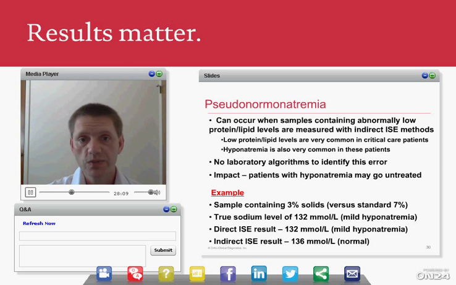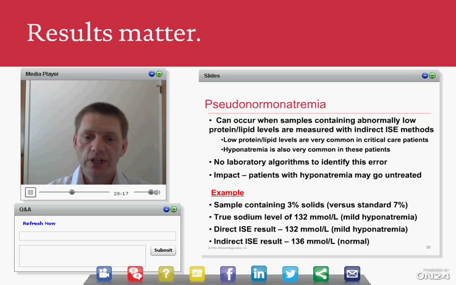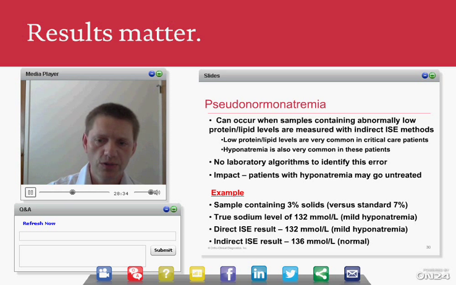In a variety of populations, whether ICU or heart failure patients, there's very clear linkage between hyponatremia and poor outcomes. Part of that could be exacerbated by underdiagnosis.